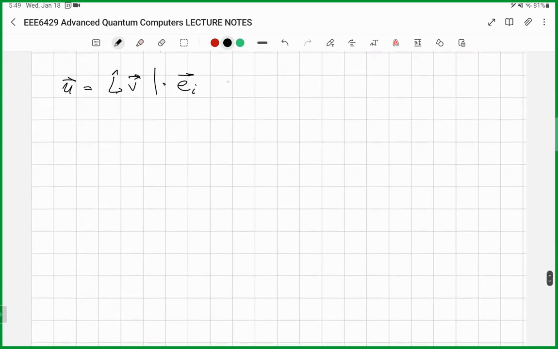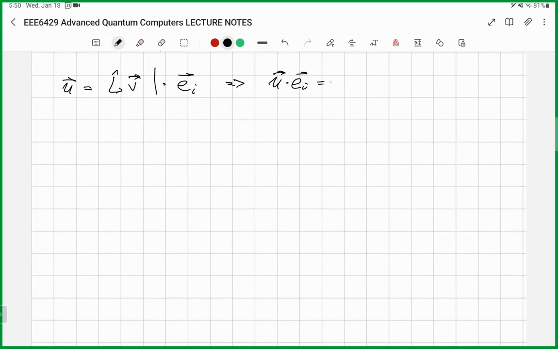So what do I get from here? I get the product of vector U times E sub I. You see, this is the dot product, or inner product, of two vectors now. And this is equal to the projection of vector U on the vector E sub I, right?